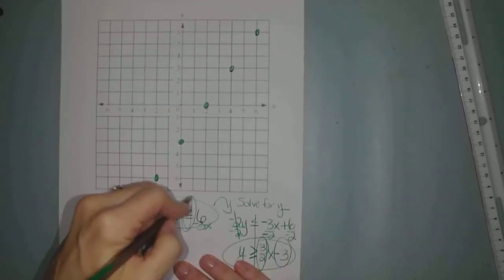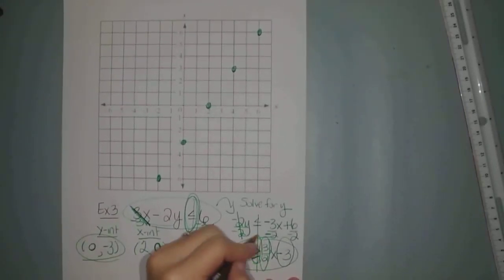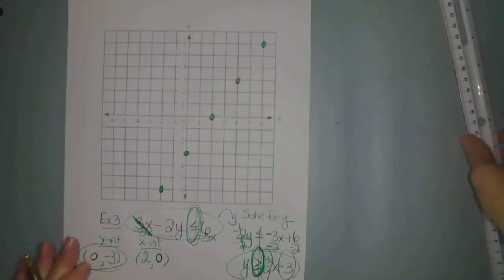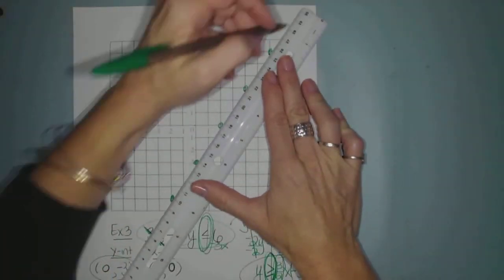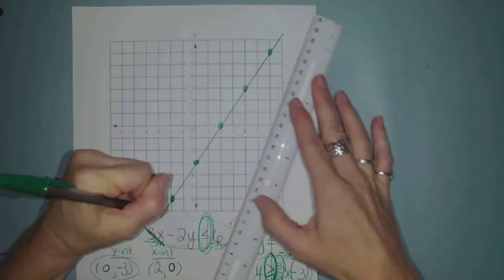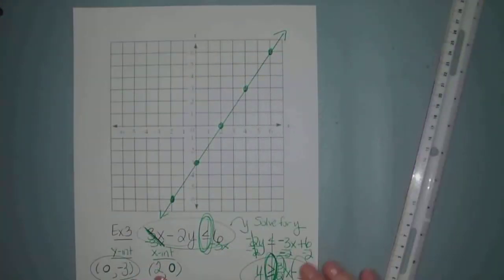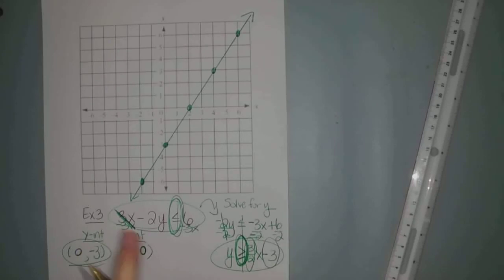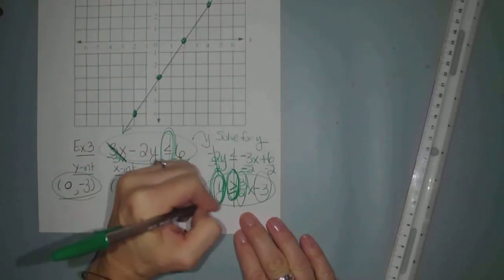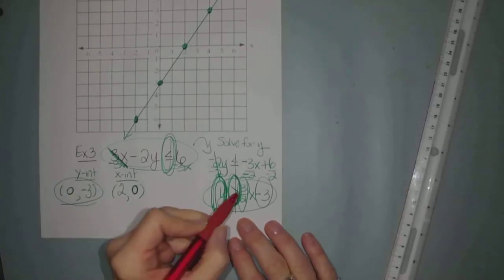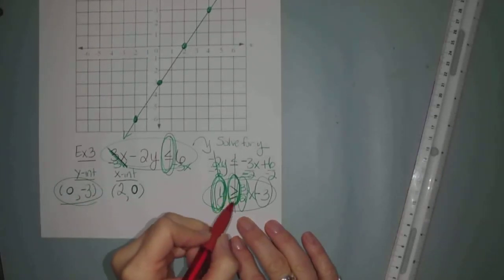Now, look at your symbol, less than or equal to, or right here, greater than or equal to. That means the line will be a solid line, and shading. Well, don't look at this one for shading. You got to look at this one, where the y is isolated. Y is greater than or equal to, greater.